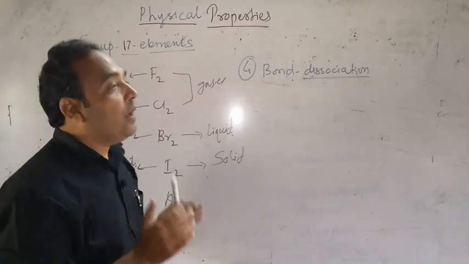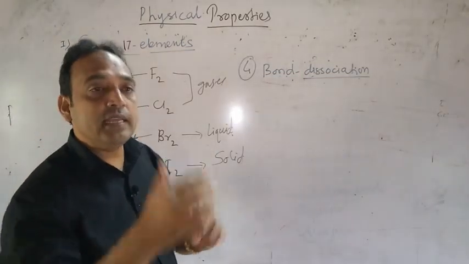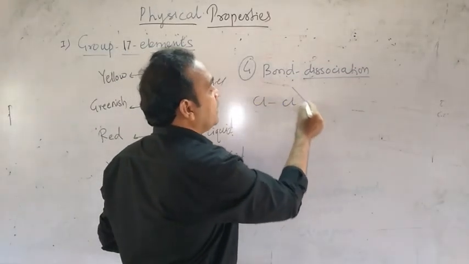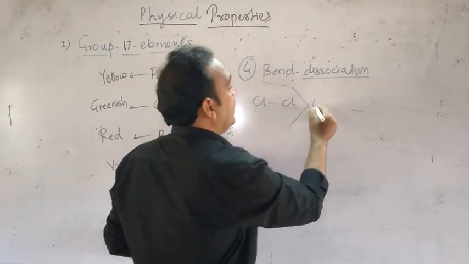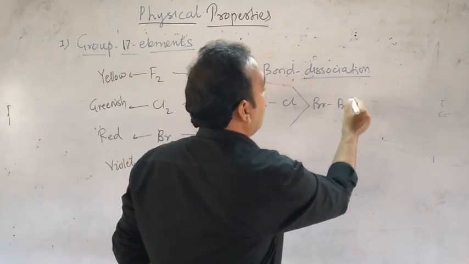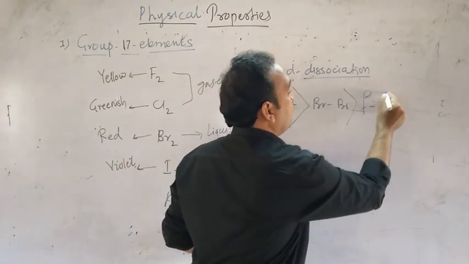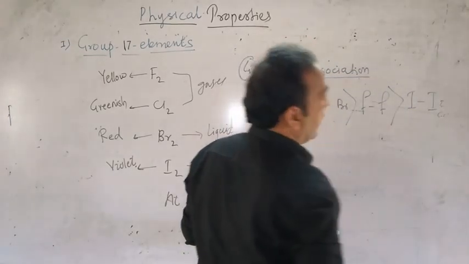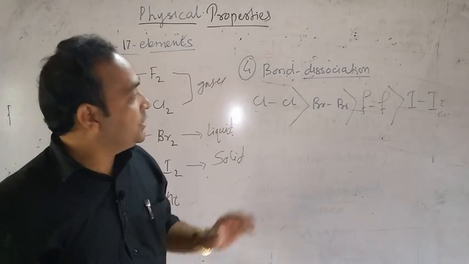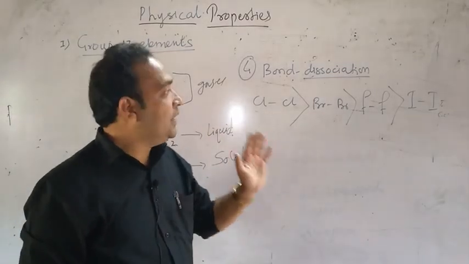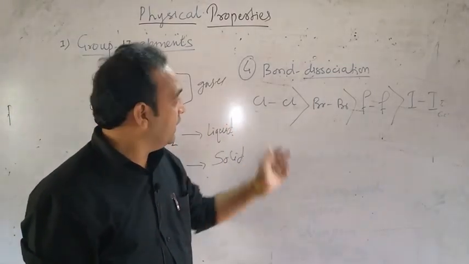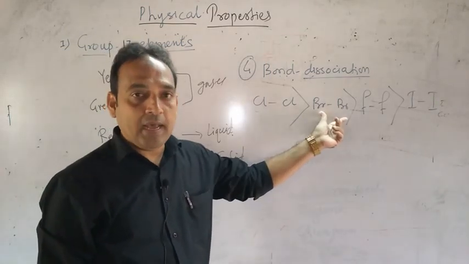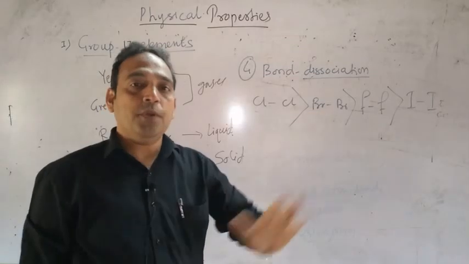Now the order of bond dissociation energy is: the Cl bond is stronger than the Br bond, which is stronger than the F bond, and which is stronger than the I bond. What is the bond dissociation energy order? Because all are diatomic molecules.